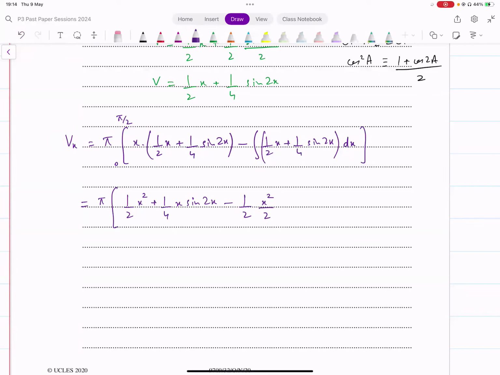Half remains as it is. Integration of x is x squared over 2. Let me have the negative sign as it is for now. And then what's the integration of this? 1 over 4 remains as it is into integration of sine. Integral of sine is minus cos. So it becomes minus cos 2x divided by 2.